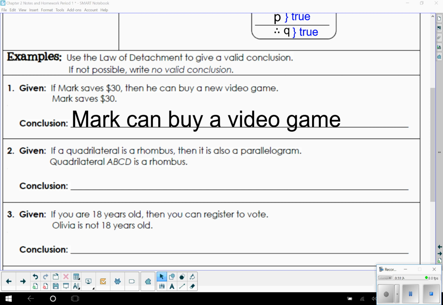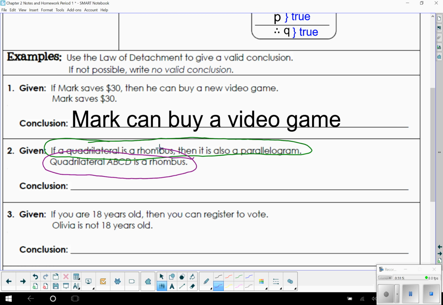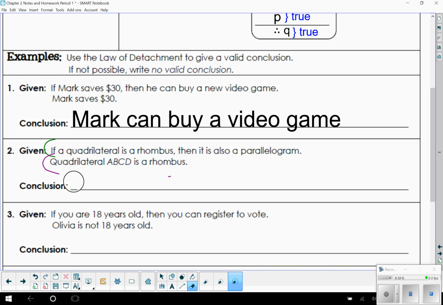If I give you this statement in class, if a quadrilateral is a rhombus, then it is also a parallelogram, and then I see you at the lunch table and say, by the way, quadrilateral ABCD is a rhombus, you can say to me, because you remember the green sentence I circled, if something is a rhombus, then it's got to be a parallelogram. So what can you conclude on number two?